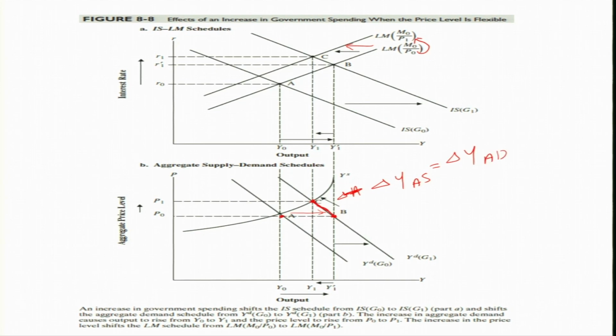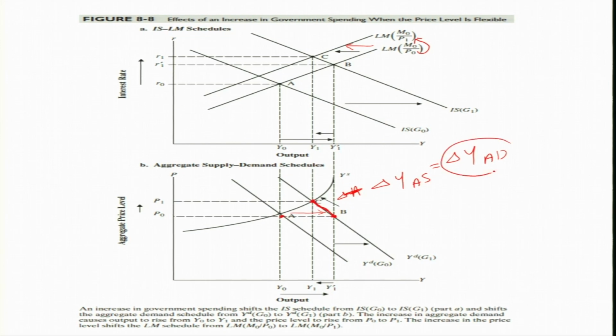So in this diagram and the previous diagram, we can see that expansionary fiscal policy and expansionary monetary policy can increase aggregate demand as well as aggregate supply in the economy. That means if an economy is at a recessionary stage, in the short run monetary and fiscal policy can be used to increase the level of economic activity.